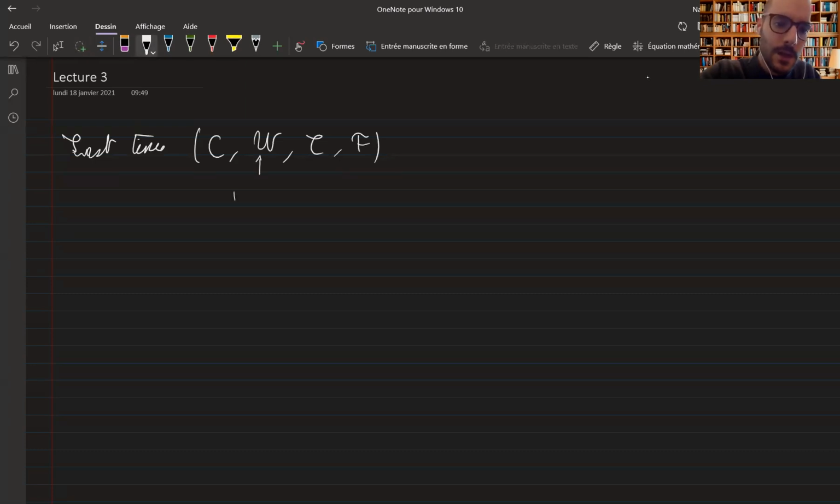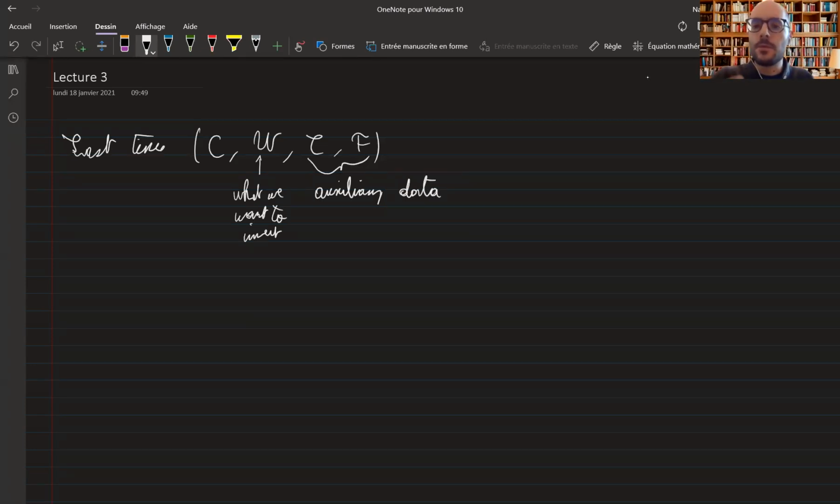Elements of W are what we want to invert, and the rest are auxiliary data, which is used to have a better understanding of the homotopy category, which is to say, as we saw last time, very briefly, the localization of C with respect to W. This is what you started to study last semester.